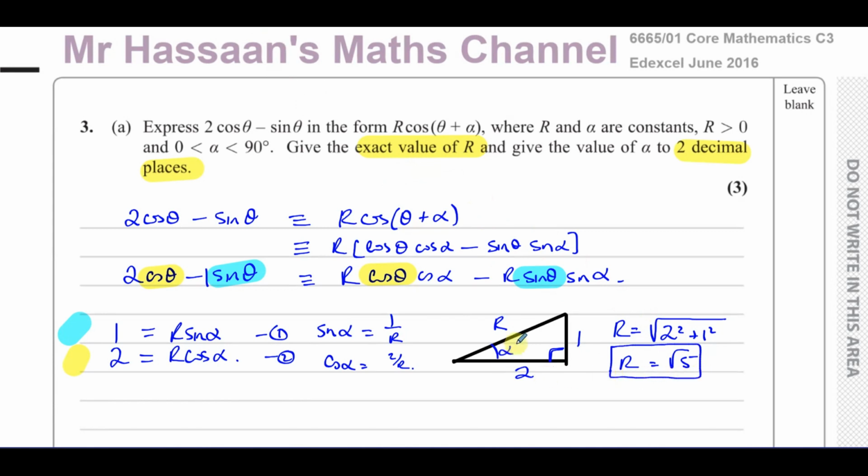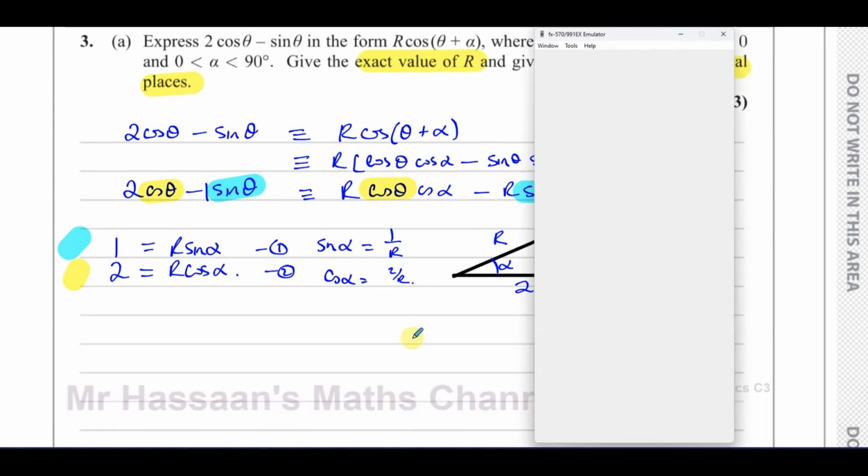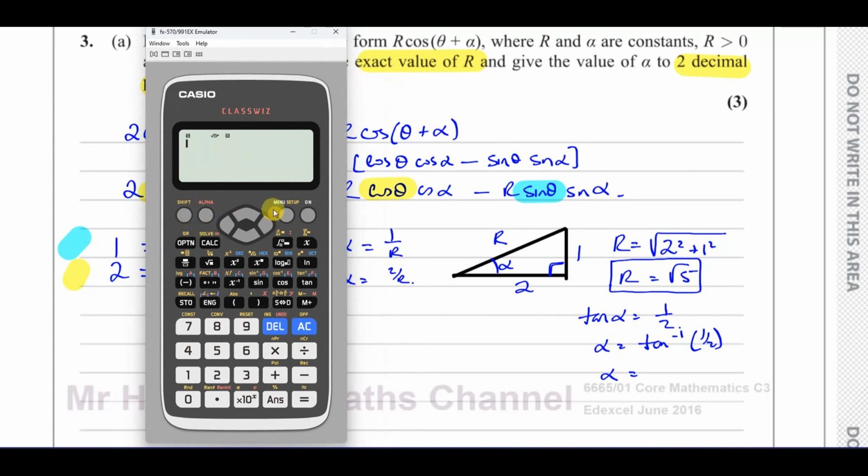And we can find alpha very simply also by using the ratio of a right angle triangle. We know that the tan of the angle alpha is equal to 1 over 2. Now we want the angle in degrees. So alpha is equal to the inverse tan of 1 over 2. Take a calculator, we make sure that it's in degree mode, which it isn't, so we're going to change it to degree mode.